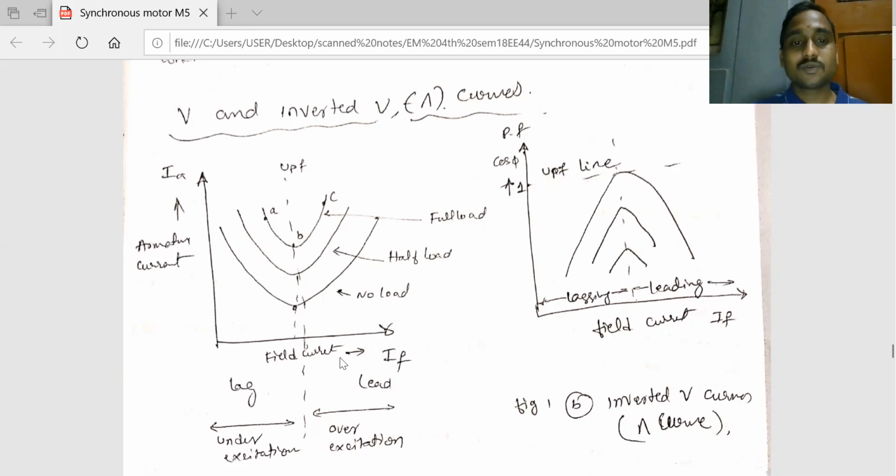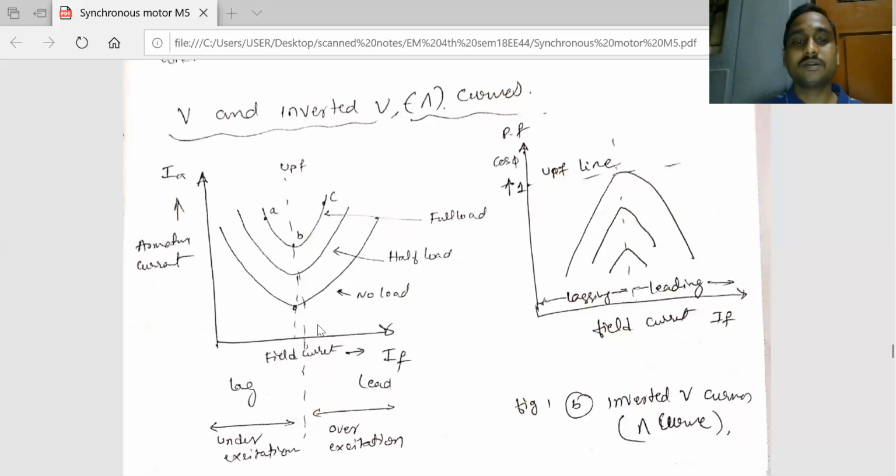The synchronous motor goes on increasing its speed and it catches the synchronous speed. At that moment, if you go on increasing the field current, the armature current is going to decrease at some point.